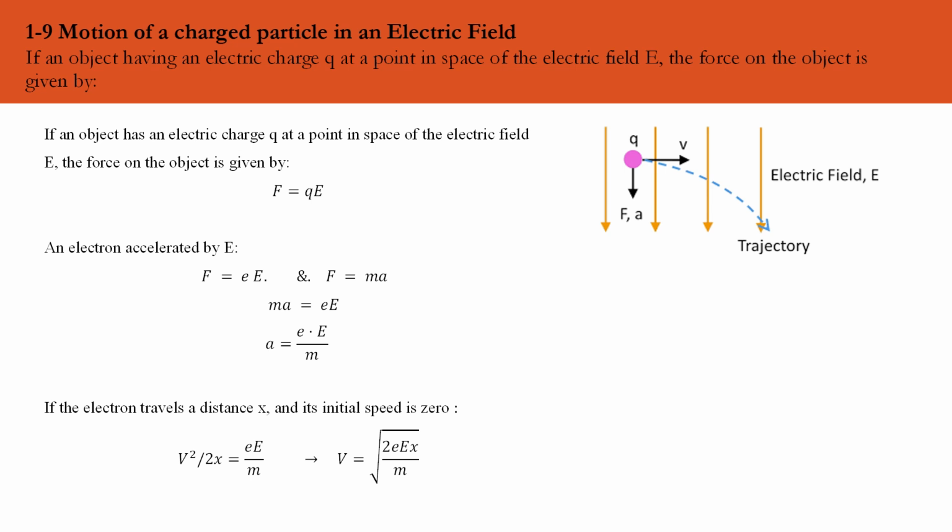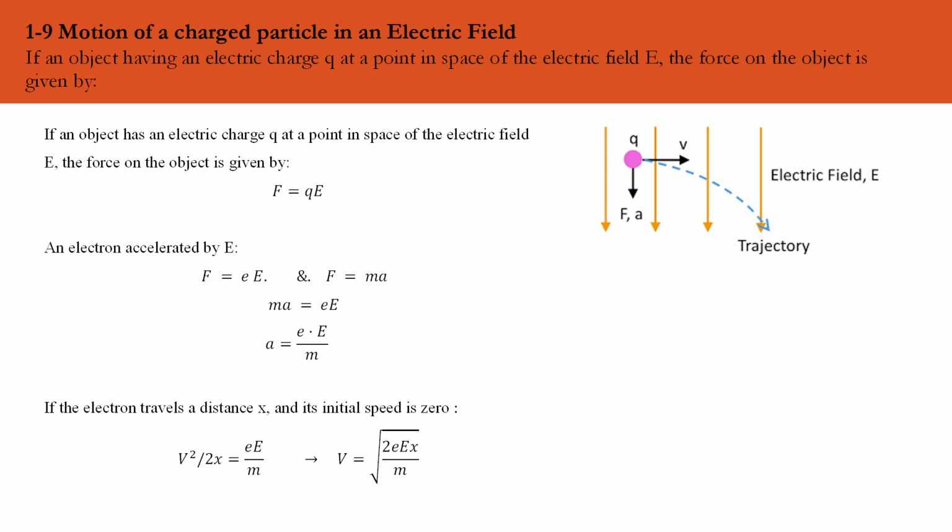The last topic of this chapter, chapter 1 of the textbook, is about the motion of a charged particle in an electric field. So what happens? Look at the figure, everybody. What happens for an electric charge, something like Q, if it moves with velocity v inside of the electric field?